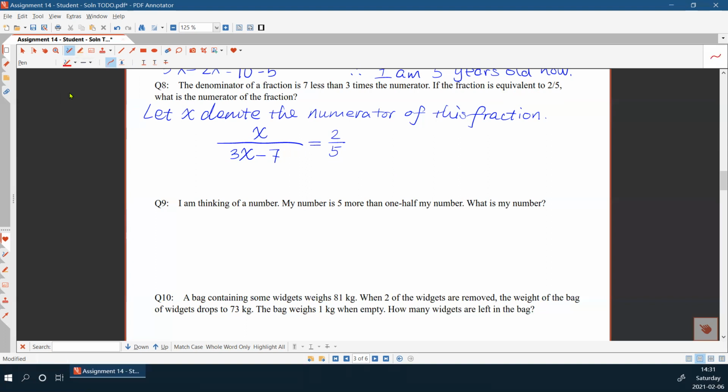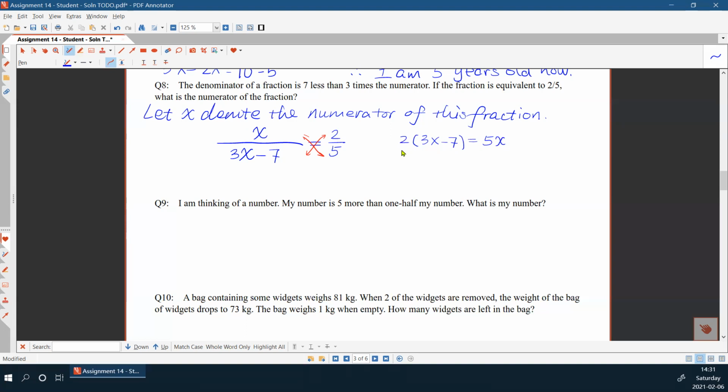Okay. And according to the cross multiplication method, one more step here for you. 2 times 3x minus 7 equals 5x, right? This is from the cross multiplication method.